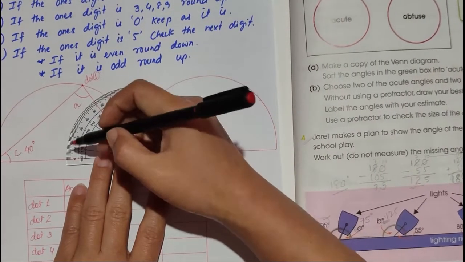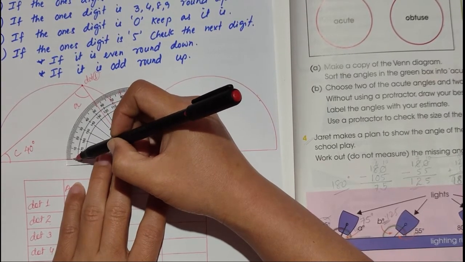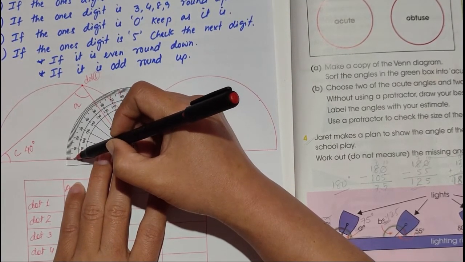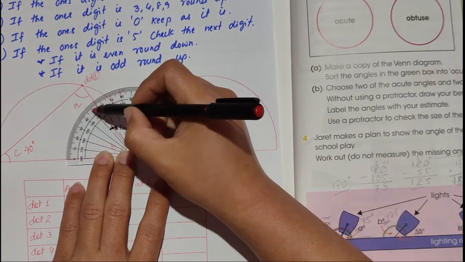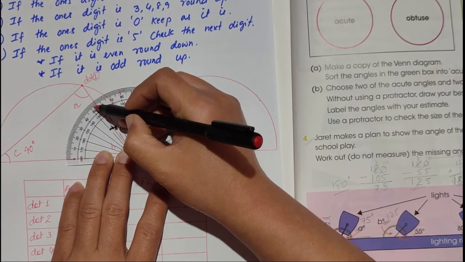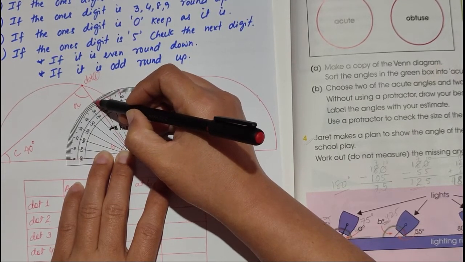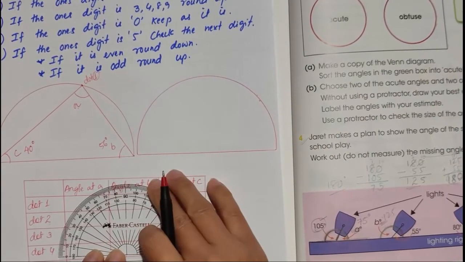Now this line will be your 0. Your 0 is on this outer scale, so I'm going to use this outer scale. 0, 10, 20, 30, 40, 50, and then 51, 52, 53, 54, 55, 56. So it's on 56, so I'm going to write 56 here.